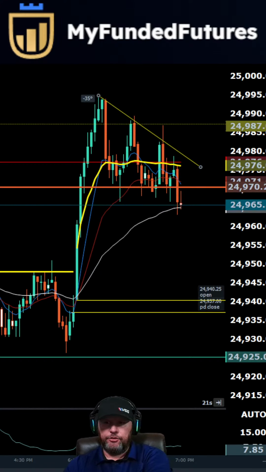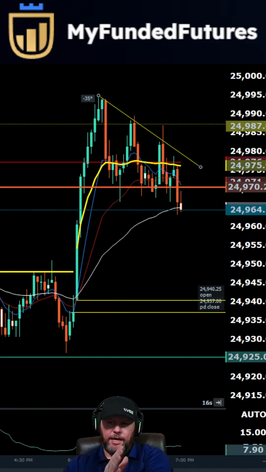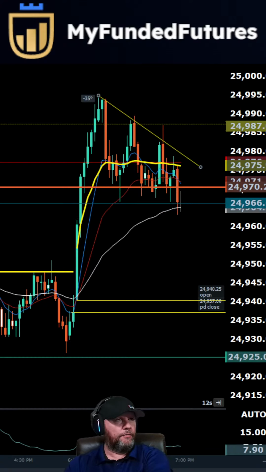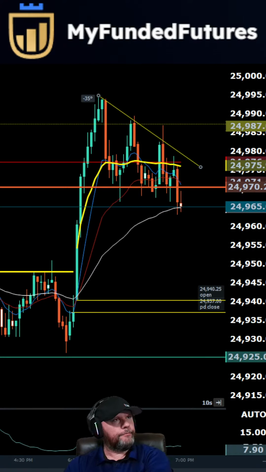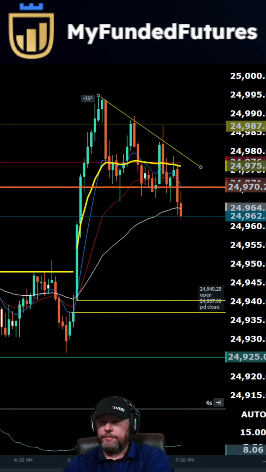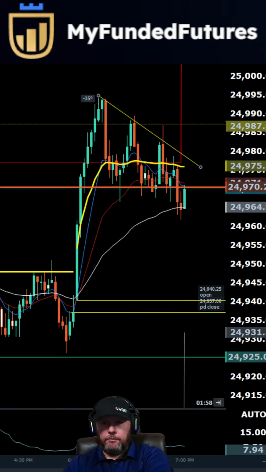I think we can push through the gap fill. I will be aware if we get to the 940 and we start messing around a little bit, I may just take it off. Five seconds. Let's see what we get.